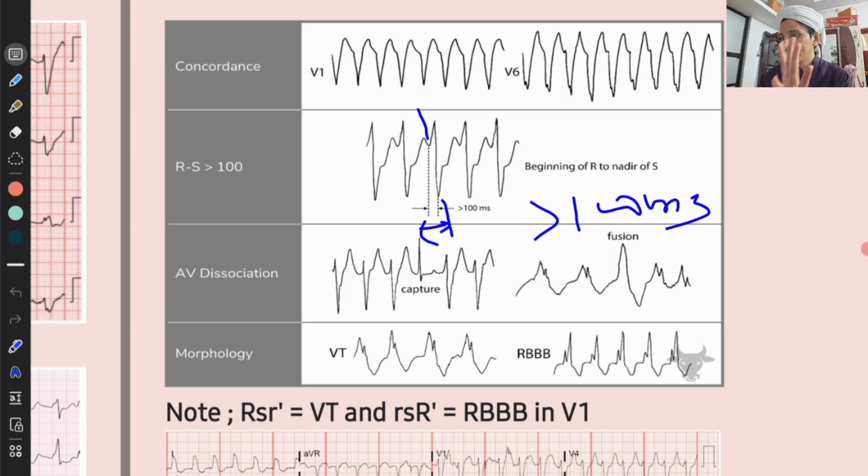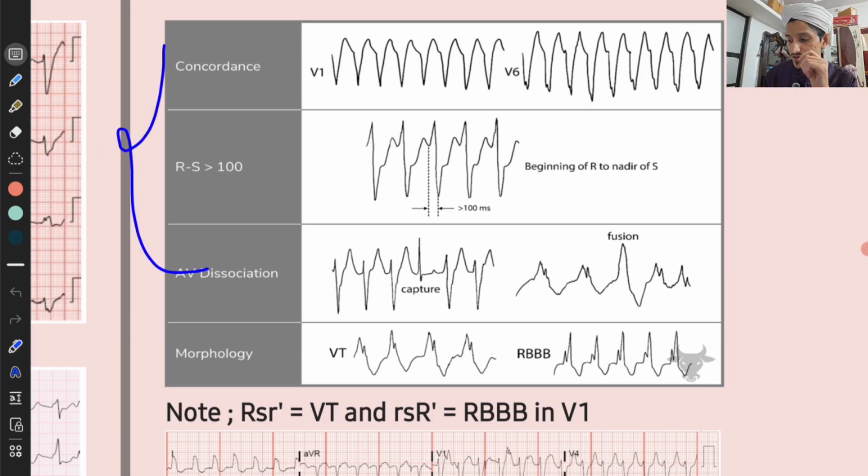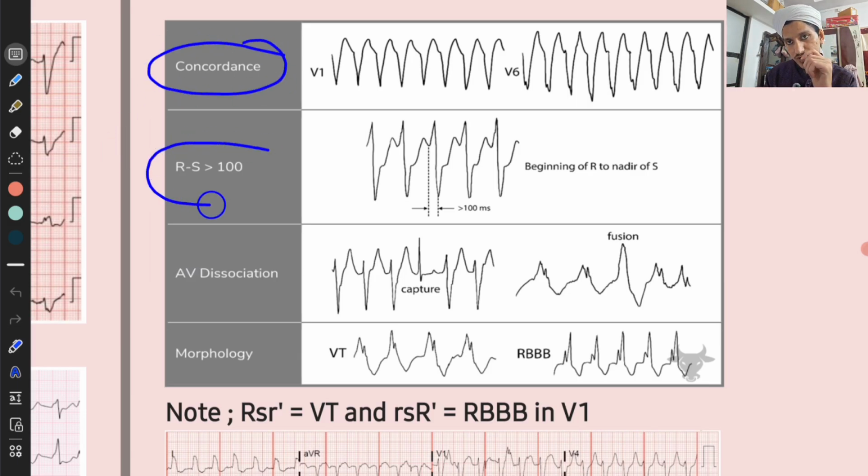So that is a favorable feature for ventricular tachycardia. The R-S distance should be more than 2.5 small squares wide. These are all favorable features for ventricular tachycardia. Remember concordance, and RS more than 100 milliseconds, which is more than 2.5 squares.